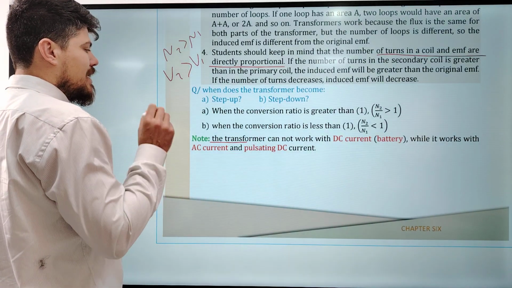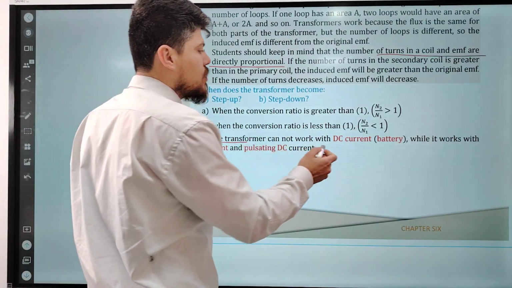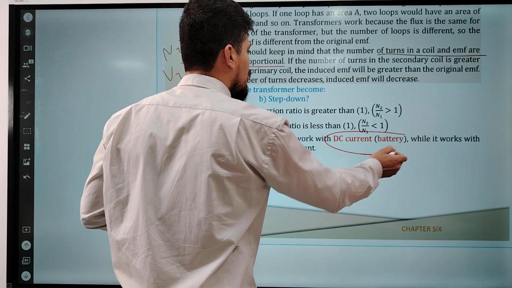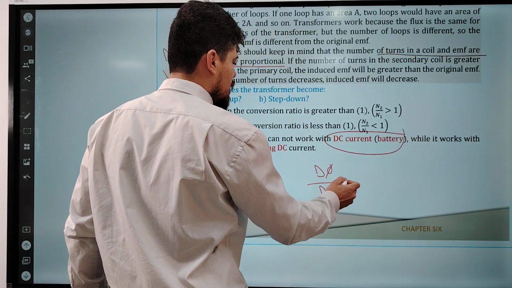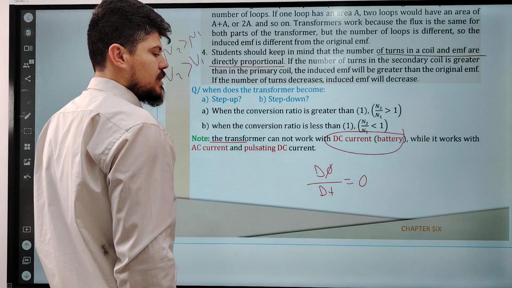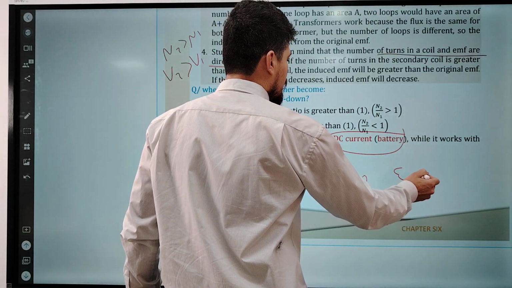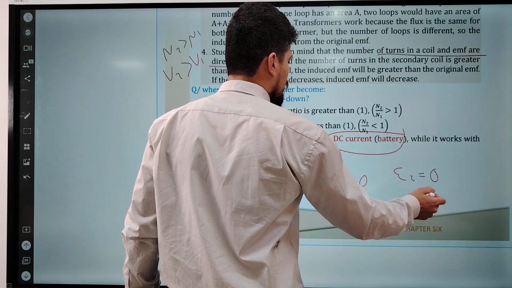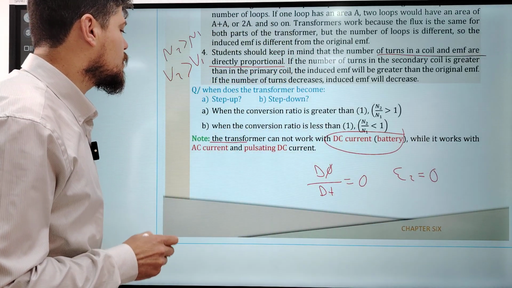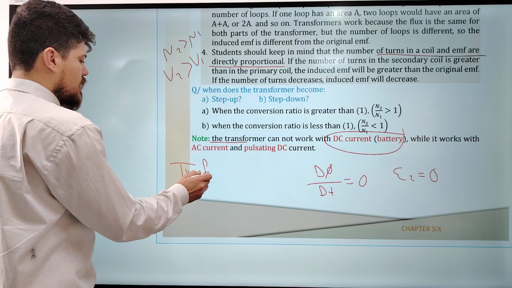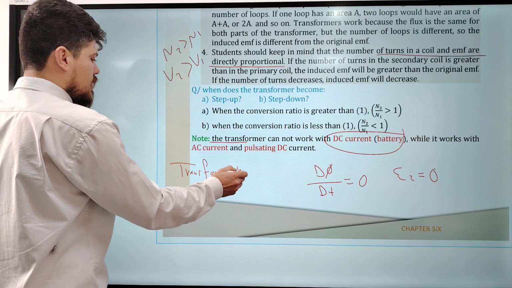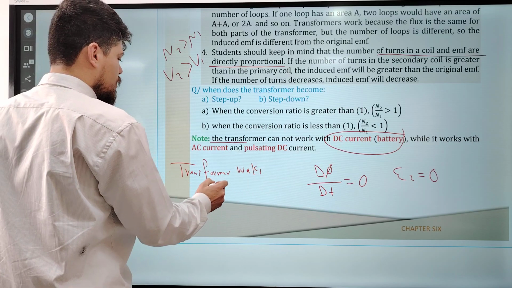It's very important. The transformer cannot work with a DC battery. Why? Because with a DC battery, the flux change per unit of time is 0. That is why the EMF in the secondary coil is also 0. It works with what?